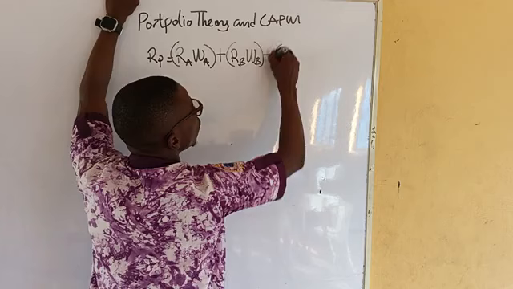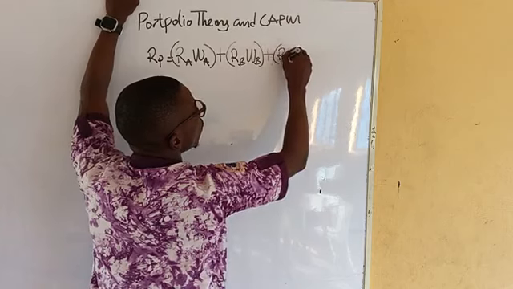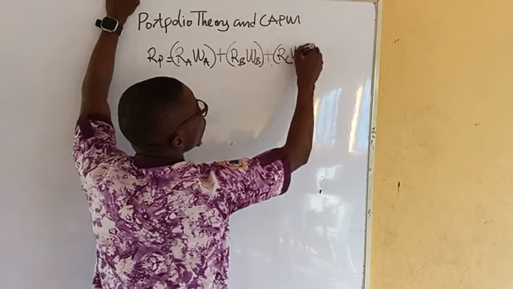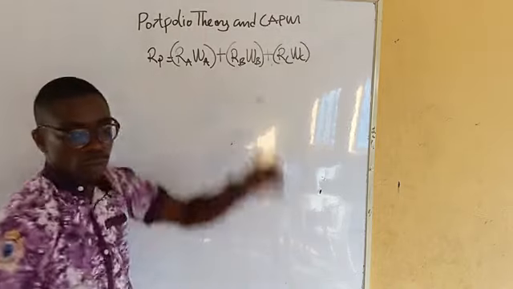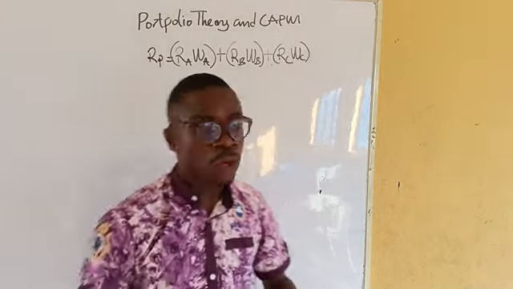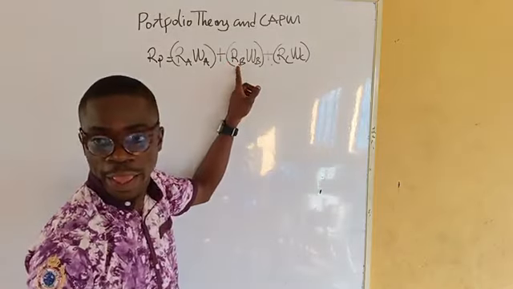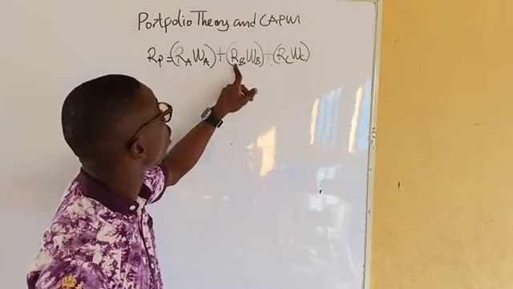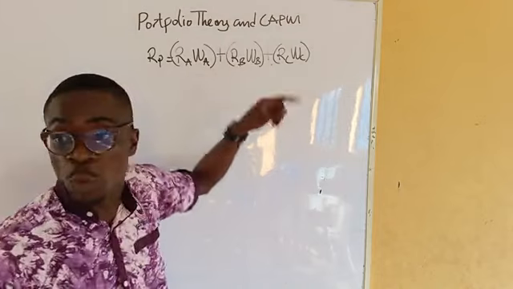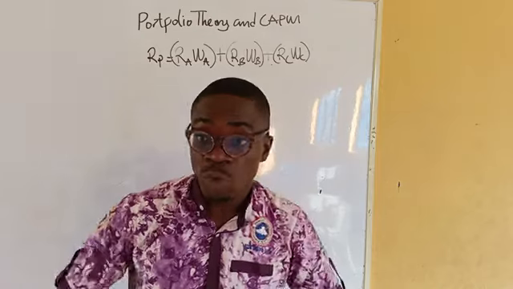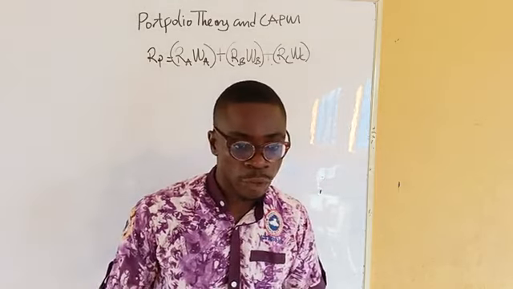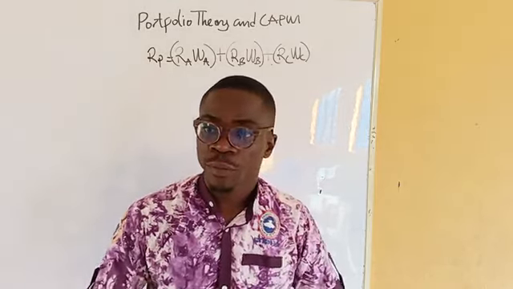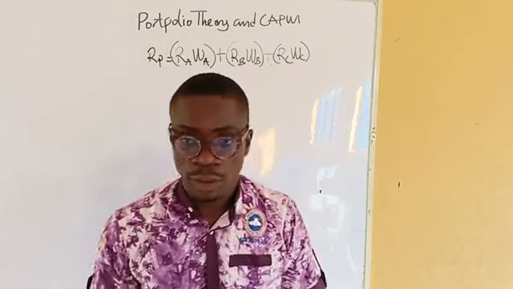Plus return on C times the weight of C. That's how it will be. But we know the return of A and the return of B, and the weight of B. What's the weight of B? It said 20% should be invested. But we don't know that of A and C.